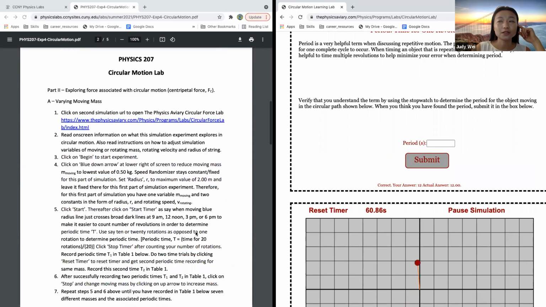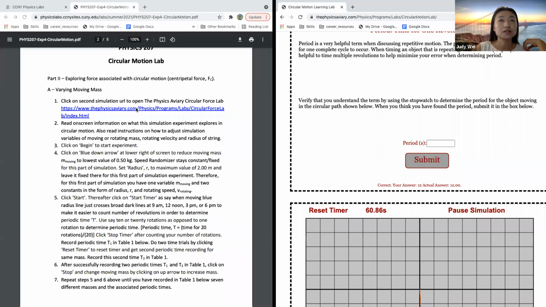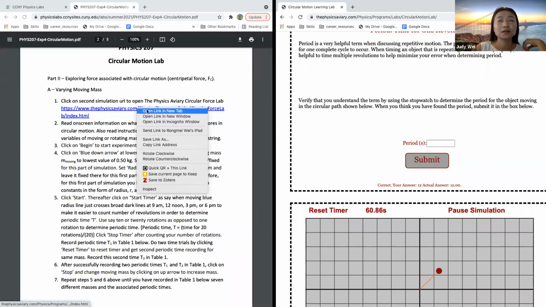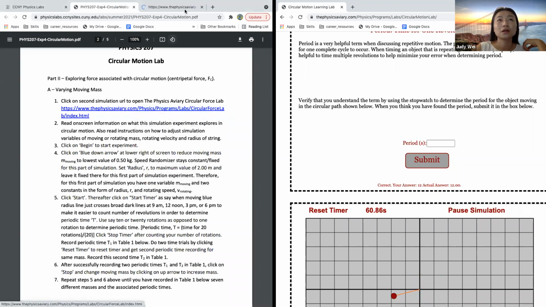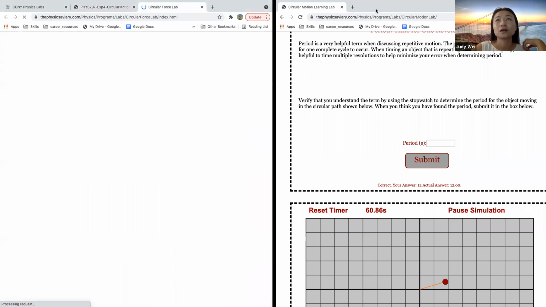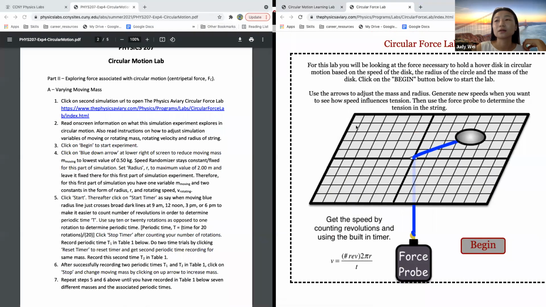For the second part, we use this simulation lab. We also read the on-screen information to explore the circular motion.